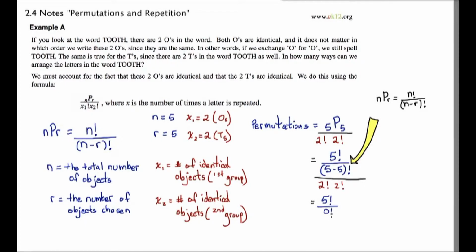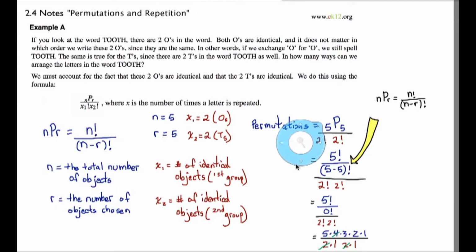So 5 factorial divided by (5 minus 5) factorial is 5 factorial over 0 factorial. Remember, 0 factorial is just 1. So this is the same as saying 5 times 4 times 3 times 2 times 1 divided by 2 times 1 times 2 times 1. So now we can simplify and multiply.